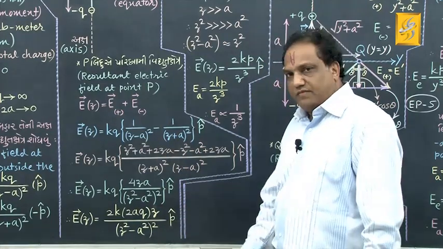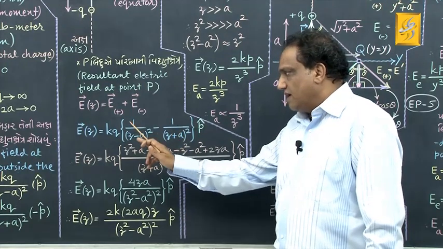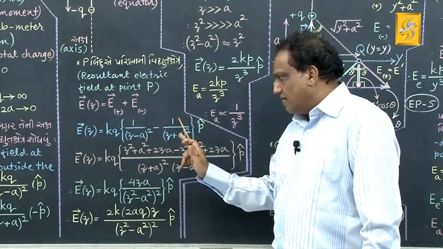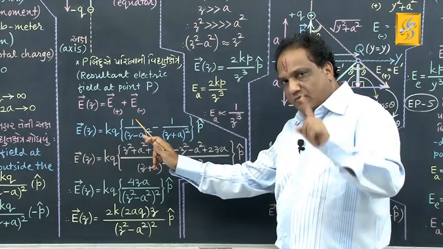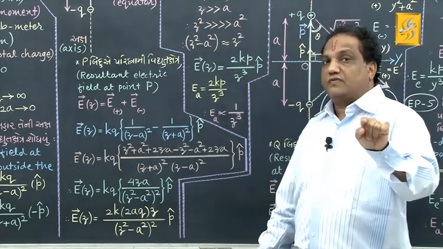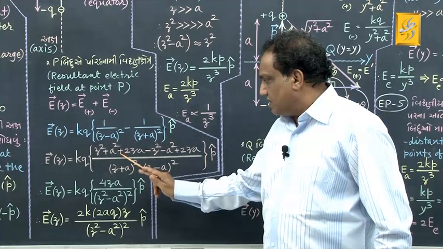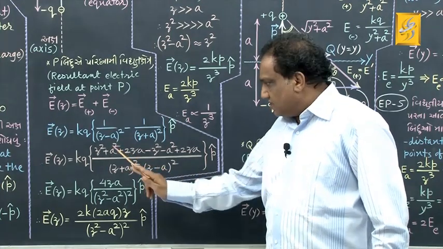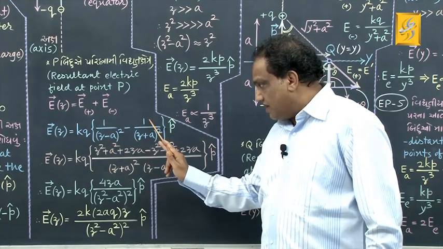Now when you take the LCM, it will be this into this, as I have written here. This part will be multiplied here, this part will be multiplied here. Z plus a square will come here. Expand z plus a square: z square plus a square plus 2za. Z minus a whole square will come here.